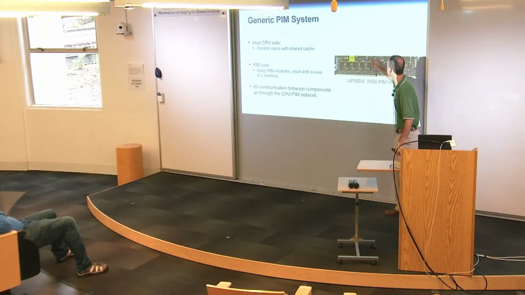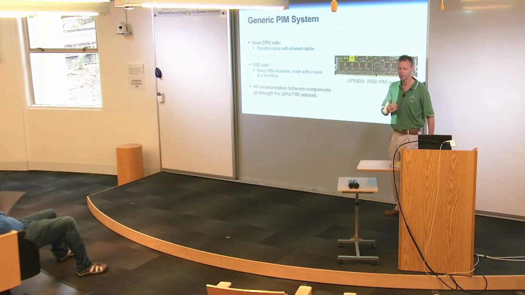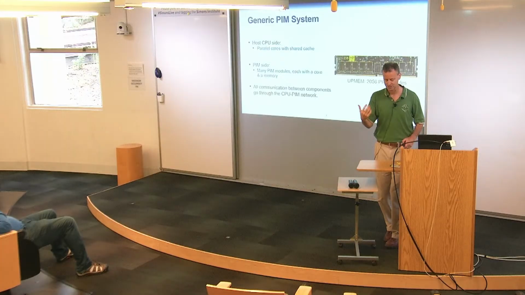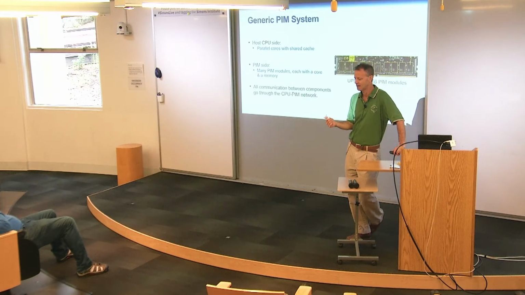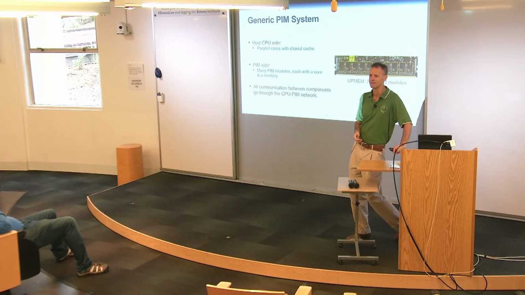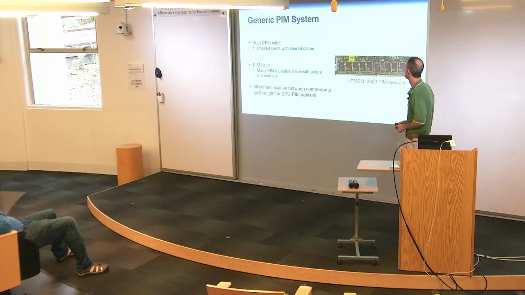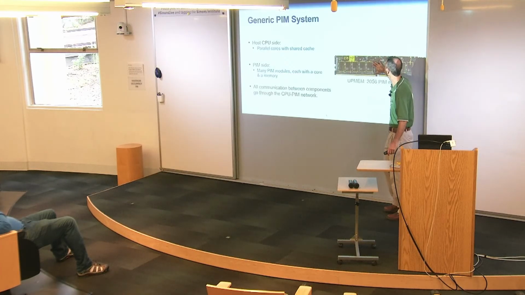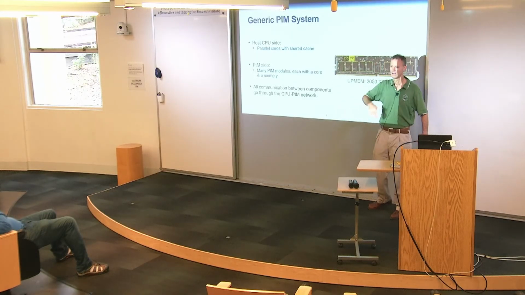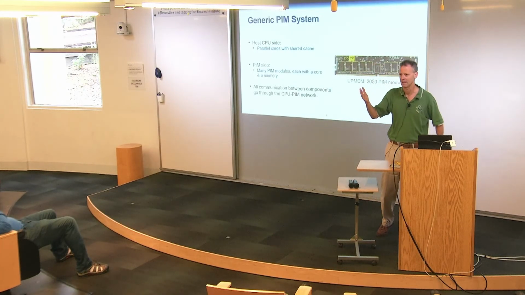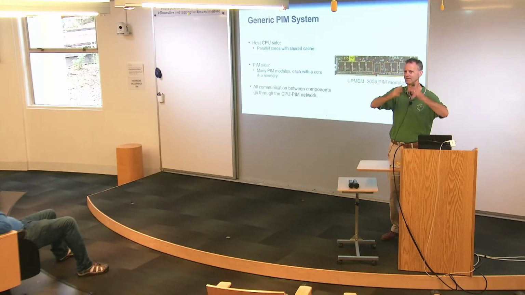Now, because of the constraints I was talking about before, this particular processor doesn't have floating point or SIMD. It can just do integer stuff. But in other configurations, where you don't try to squeeze it into this exact form factor, as we'll see at the end of the talk, you can have multi-core and things like that.